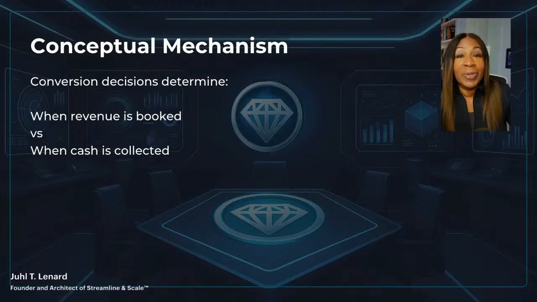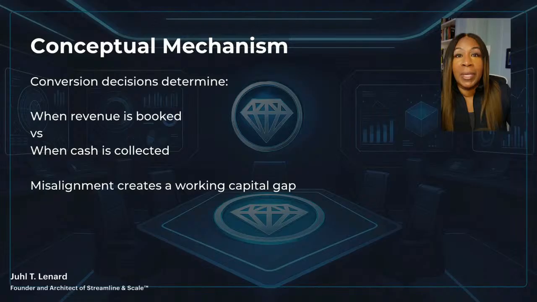But revenue is not cash, right? So the misalignment creates a working capital gap. What is working capital? Current assets minus current liabilities. And that's what you want to see in your bank account to be positive, right? So this is the mechanism. We're looking at when revenue is booked, but we're not looking at when cash is collected.